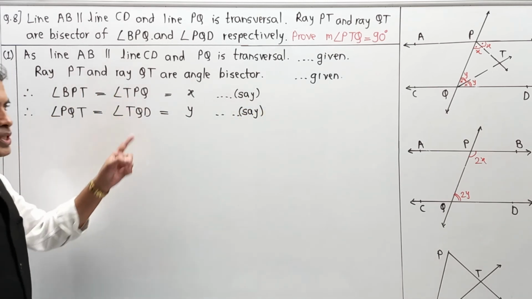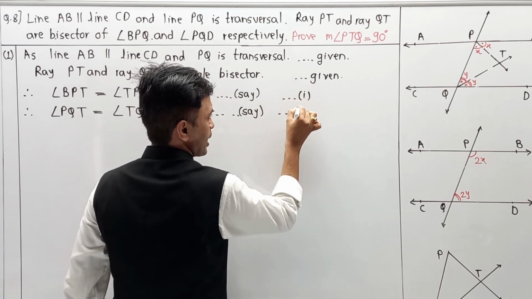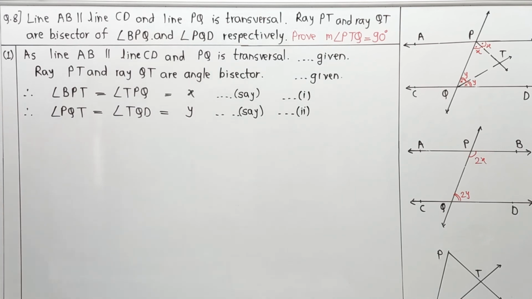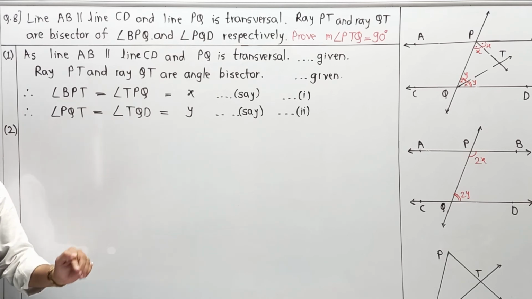Now I am going to give this declaration as equation number 1 and equation number 2. These are the two equations we have. Now the second part: we are going to write the property of interior angles in terms of angle addition on parallel lines.